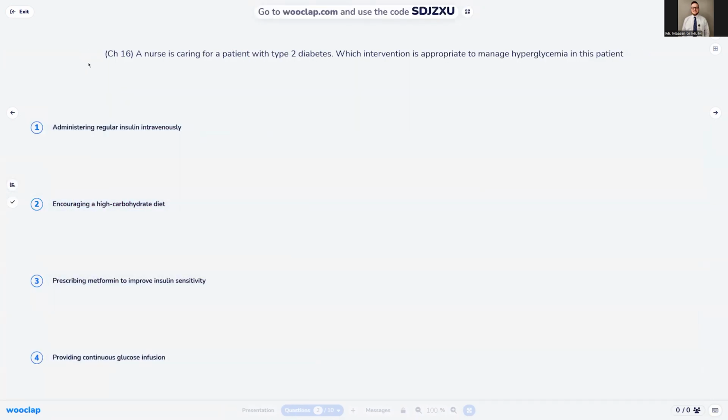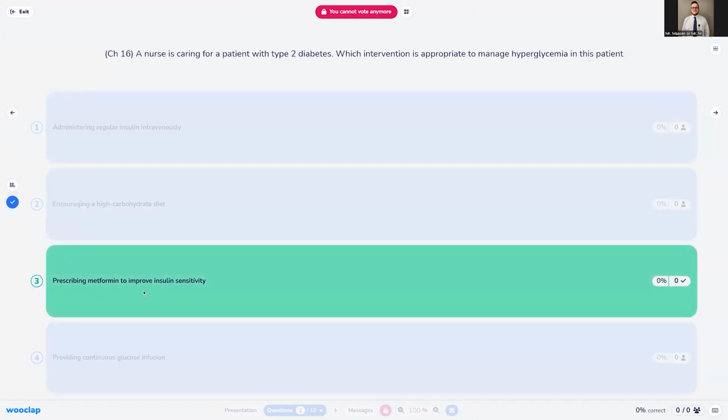A nurse is caring for a patient with type 2 diabetes. What intervention is appropriate to manage hyperglycemia in this patient? What can we do to treat their high glucose level? The only one that makes sense here is the most commonly prescribed and most common oral med for treating type 2 diabetes, metformin, also known as Glucophage.